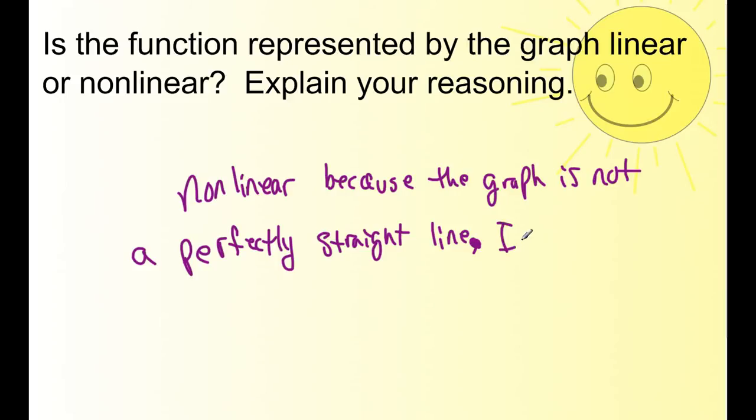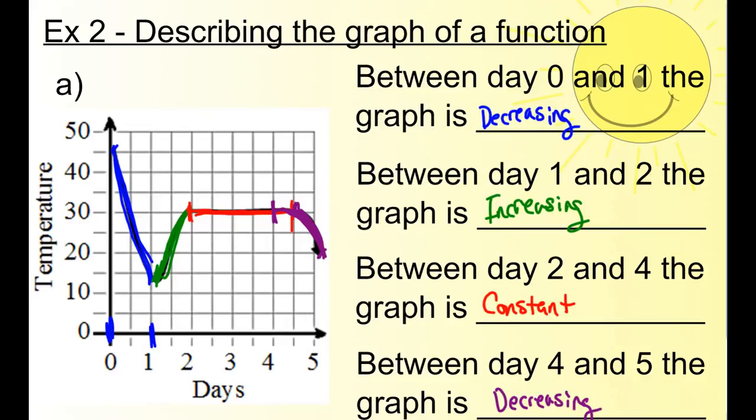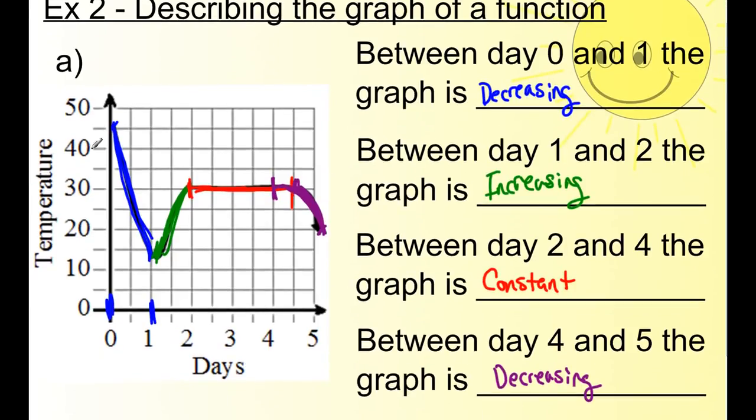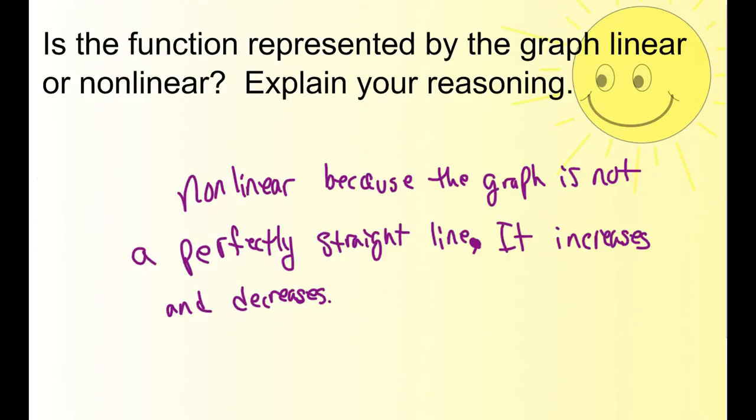Period. It increases and decreases. So that would describe that graph. It's not linear because it's not a perfectly straight line. It's increasing, it's decreasing, there's curves. However you want to describe it, it is definitely not linear.